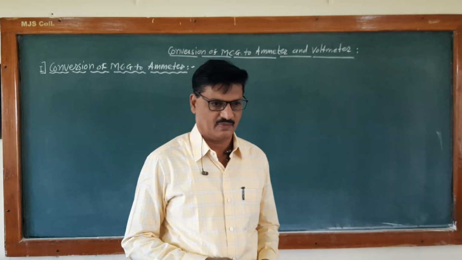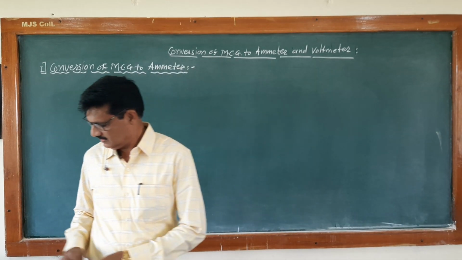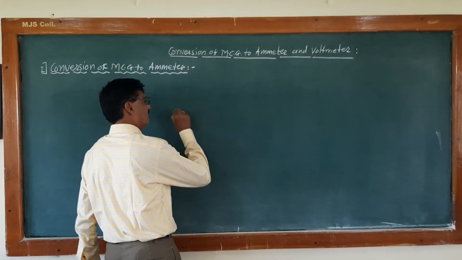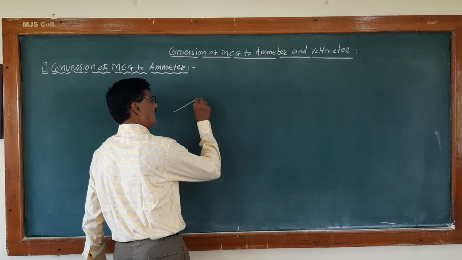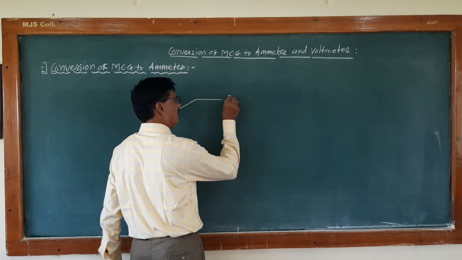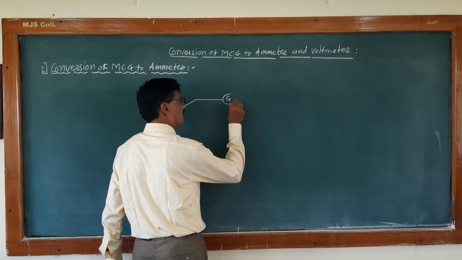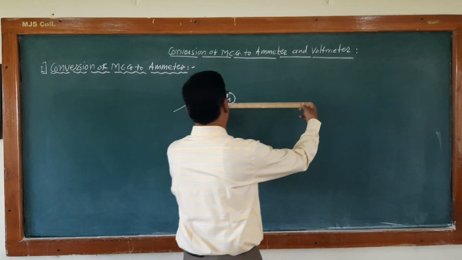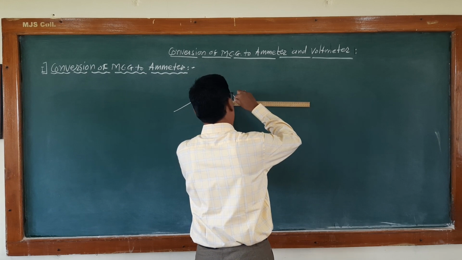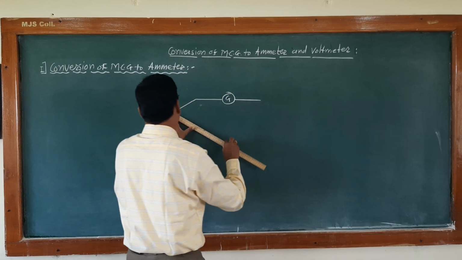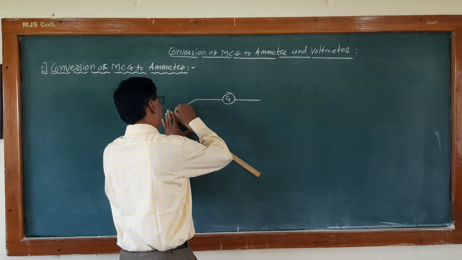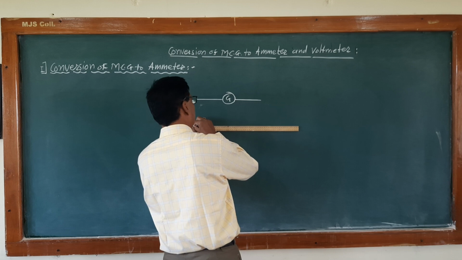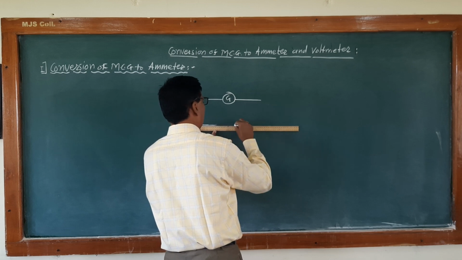Consider this network. Suppose this is a galvanometer, and here a low resistance is connected in parallel to it, and that low resistance is called shunt.